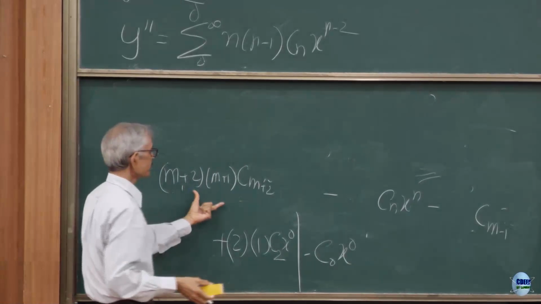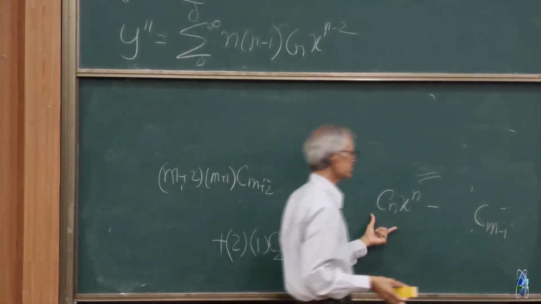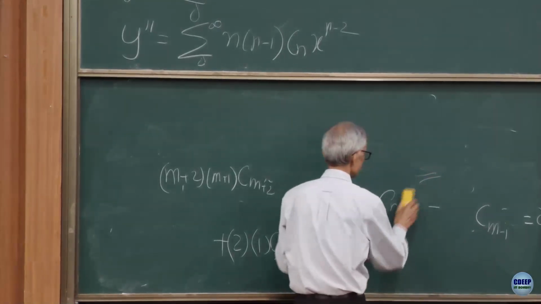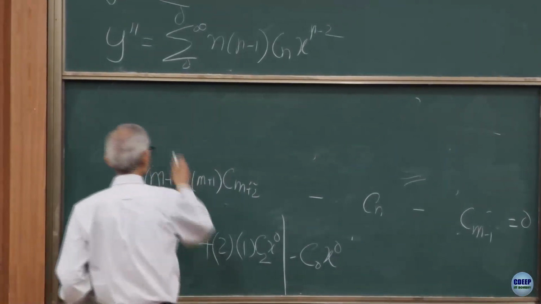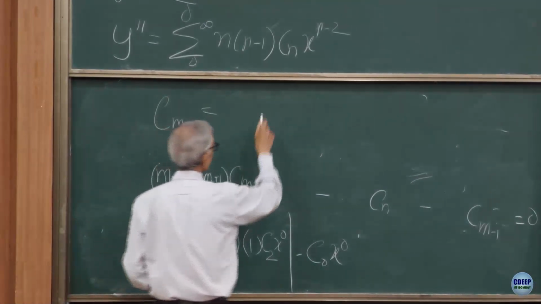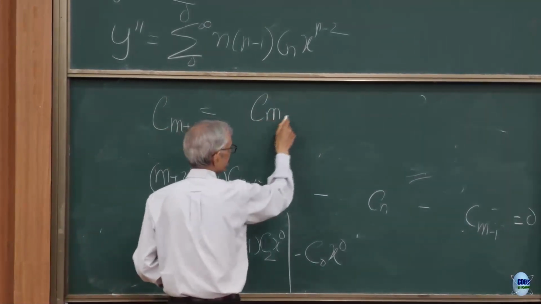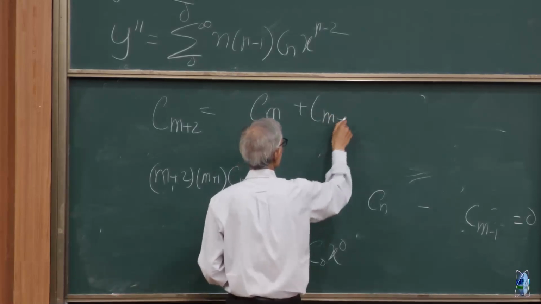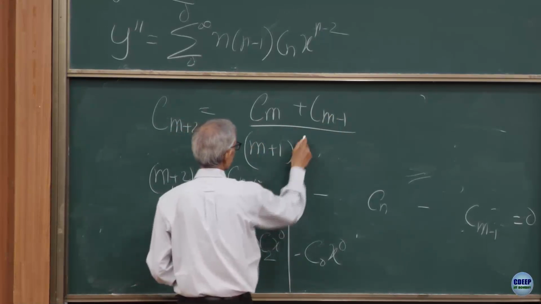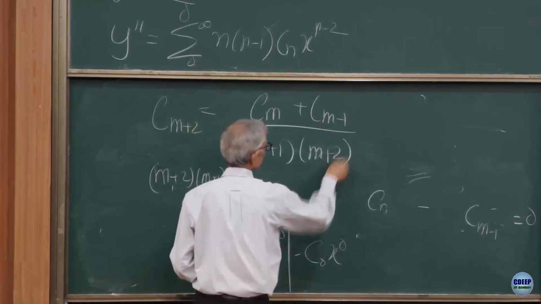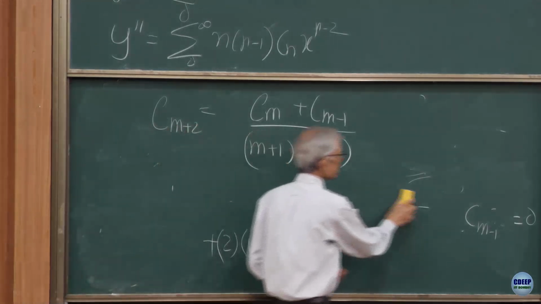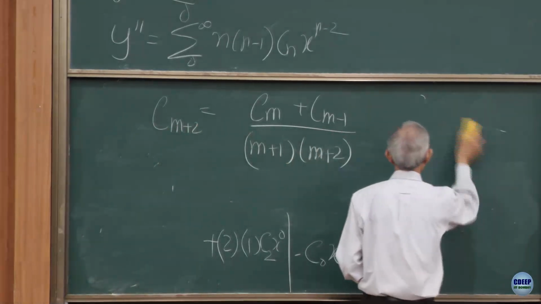And then I've got this term minus this term minus this term is equal to 0. So what we get is Cm plus 2 is equal to Cm plus Cm minus 1 upon m plus 1 m plus 2. So this is what the algebra is going to give us.